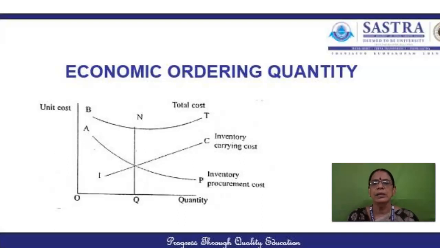Then the routine procedure should be simplified. Instead of ordering frequently, you must go in for the ordering of materials as per the requirements. So frequent ordering may increase the number of procedures. The perishability of the material should also be considered.